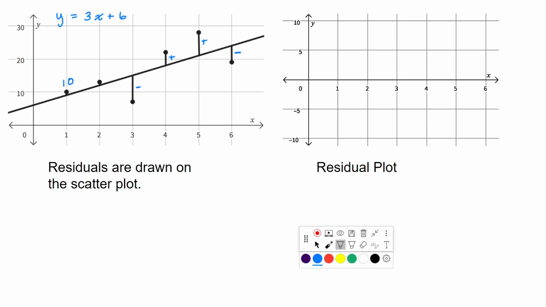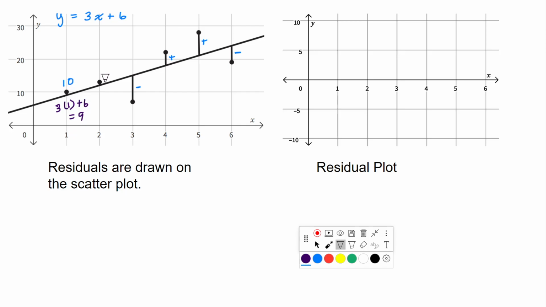The predicted is going to be, if we substitute 1 for x, 3 times 1 plus 6 for a value of 9. So we have a residual value of 1 on this one.